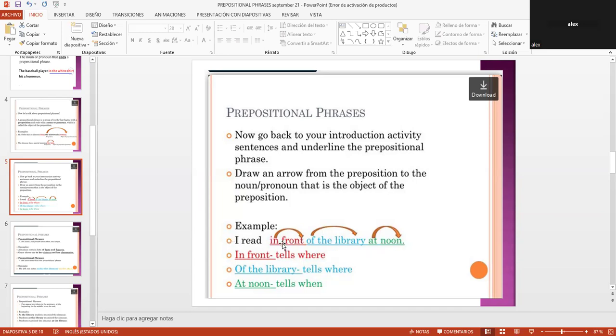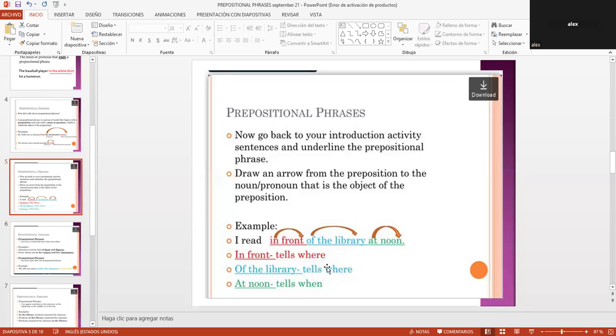And why could I say that I have three prepositional phrases? Because you have the preposition in, the noun front, the preposition of, the noun library, and the preposition at, and the noun noon. So you have here three prepositional phrases.